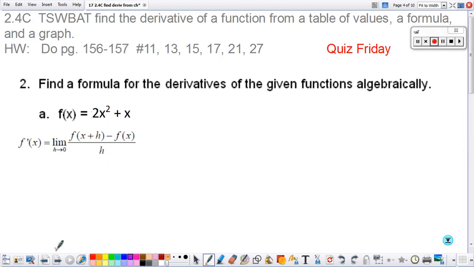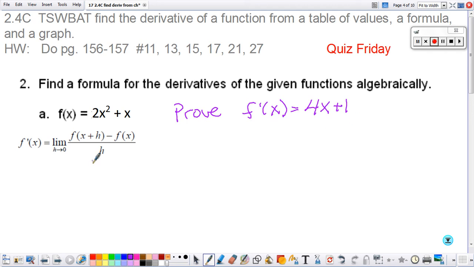So we're going to repeat that formula given this definition. So for example, your quiz on Friday is going to say, using this formula, prove that f prime of x is 4x plus 1. I'm going to give you the answer.